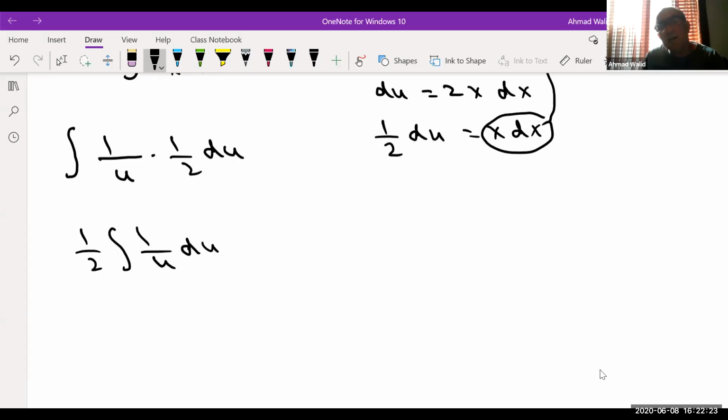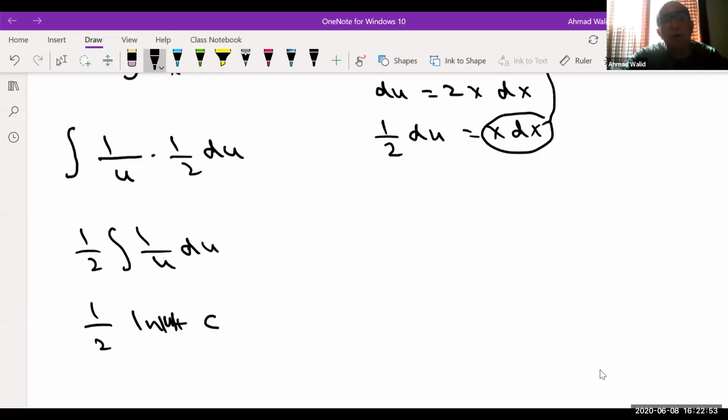What is integral of 1 over u? Integral of 1 over u is ln u. Because it's an indefinite integral, then plus what? C. Correct? 1/2 of ln absolute value of u, or ln u.